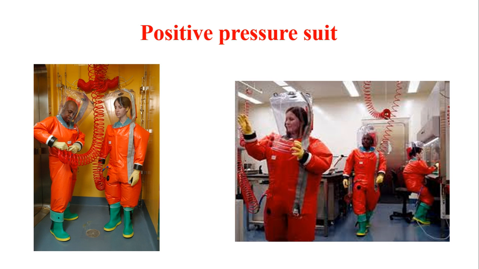Next thing is the positive pressure suit. Now one thing you need to understand is positive pressure suits are only used in BSL-4 laboratories, nowhere else. As you can see, these suits are made up of very robust, very thick material, which is plastic-like, and this suit is completely airtight, in which, as you can see, there is this tube-like structure which is hanging over here.